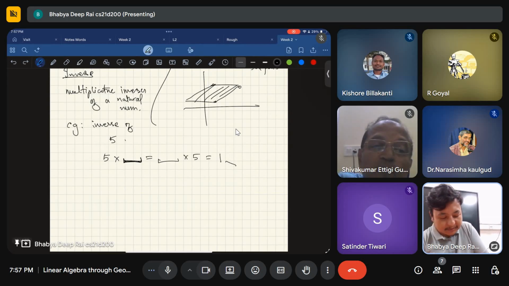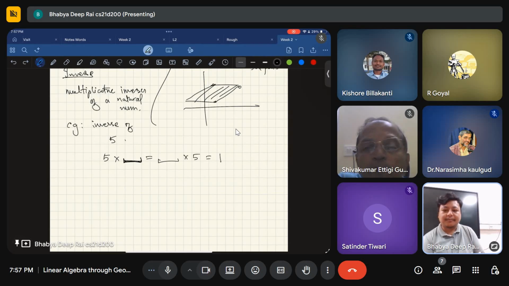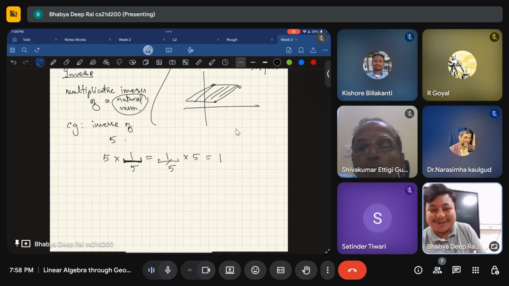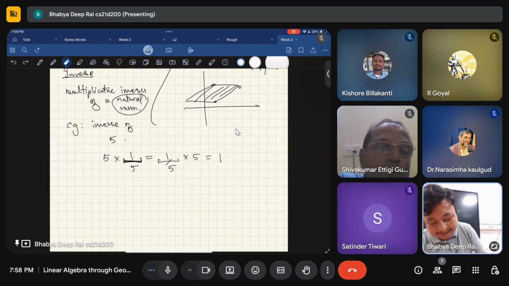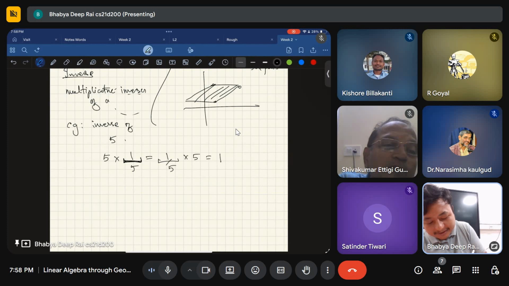So 1 by 5. But I said of a natural number, and 1 by 5 is not a natural number. So for natural numbers, multiplicative inverses don't exist. So I need to write it as a real number.